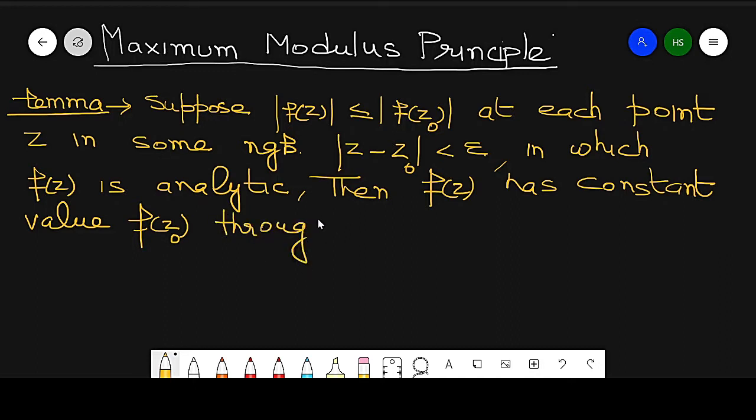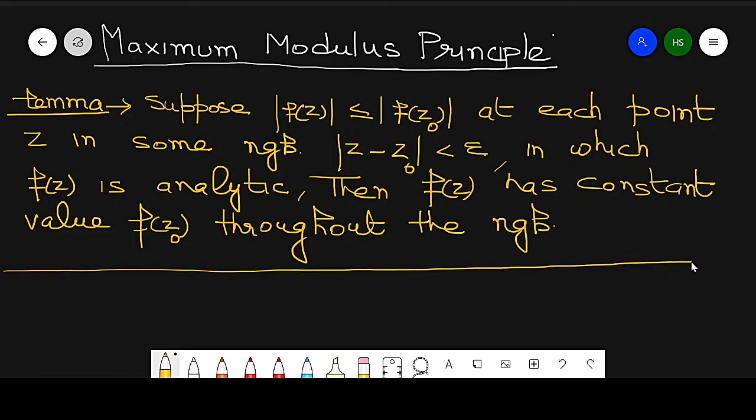So in the given statement, the modulus of f(z) is less than or equal to modulus of f(z naught), and this function is analytic in the neighborhood of z naught.